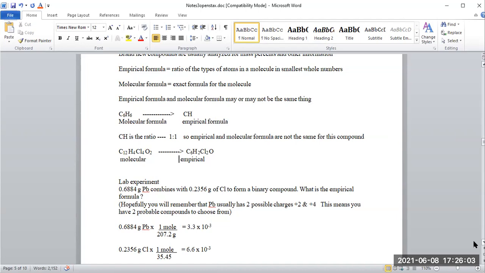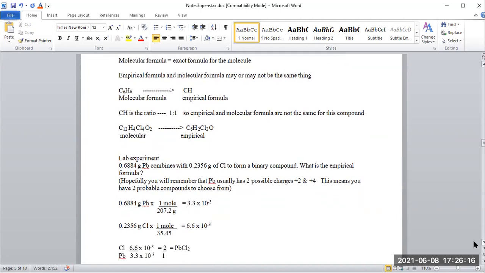So I'm, again, doing this from a kind of analytical point of view as opposed to just doing a molar mass alone. I'm going to take my grams of lead, divide by its table weight, and I have 3.3 times 10 to the -3 moles of lead.